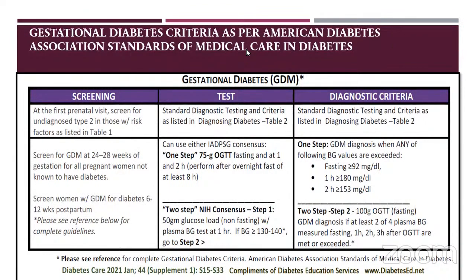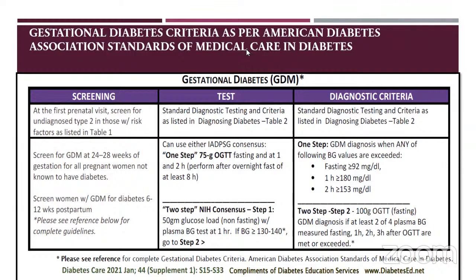Screen women with gestational diabetes mellitus for diabetes at 6 to 12 weeks postpartum. The test is done as a one-step 75 gram OGTT, with fasting, 1 hour and 2 hour values, or a two-step NIH approach, with a 50 gram glucose load and a plasma blood glucose test after. If it is more than 130 to 140, then go to step 2.